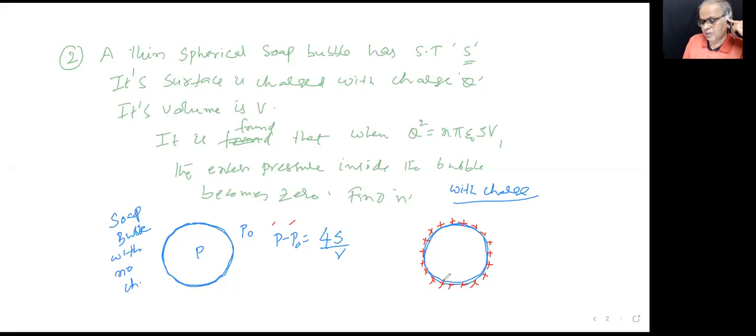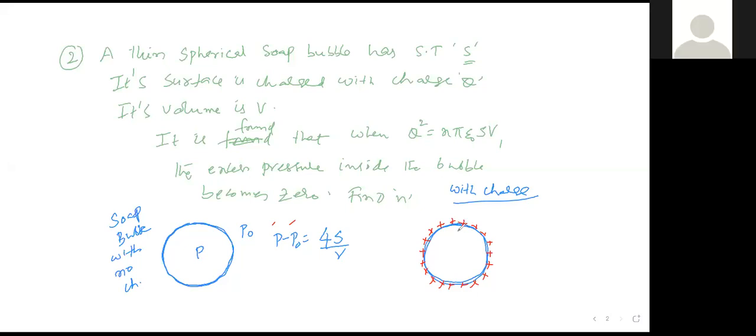Look, the soap bubble gets stretched because of the repulsion of the charges on each other among themselves. Even if they are like this, once electrostatic equilibrium is reached, there's a repulsion between the like charges.